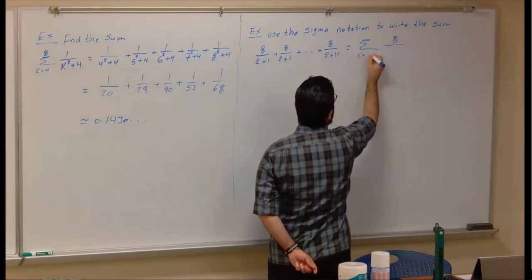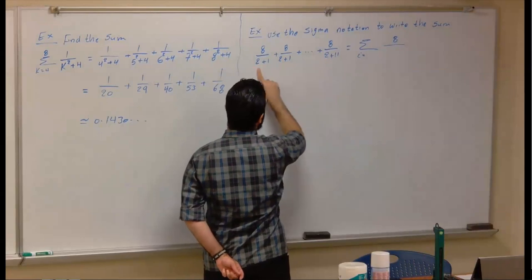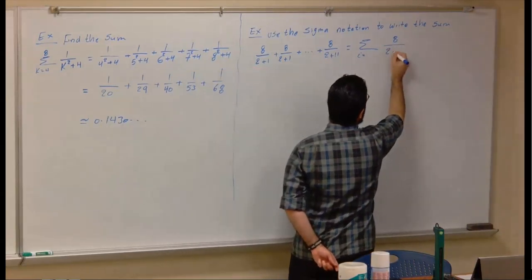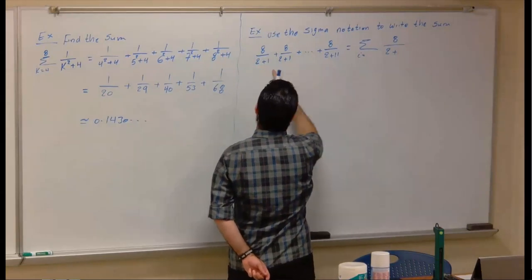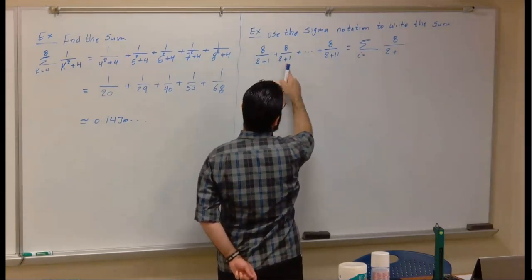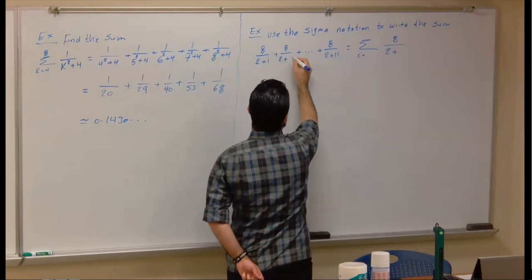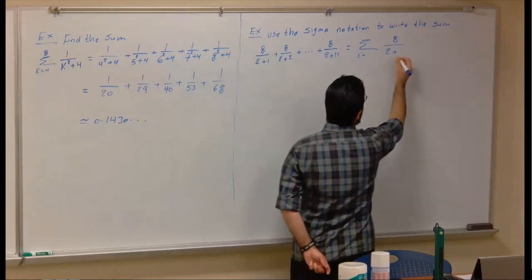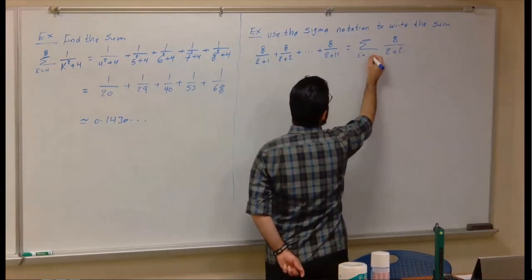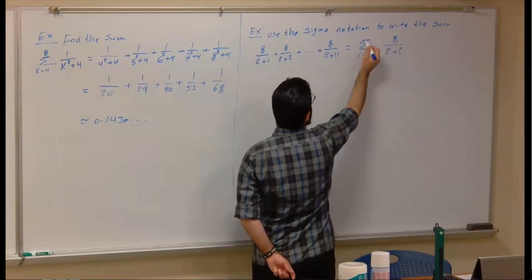And from I equal to which number? 2. So the first number here is fixed. So it's going to be 2 plus. And the second number is 1. This one's supposed to be 2. So it's going to be 2 plus I, and I start from 1 to 11.